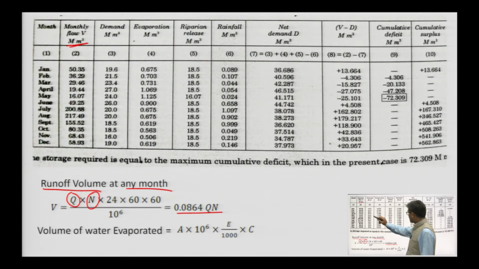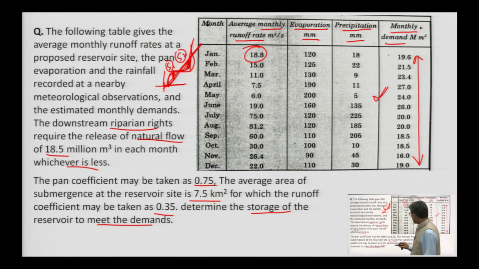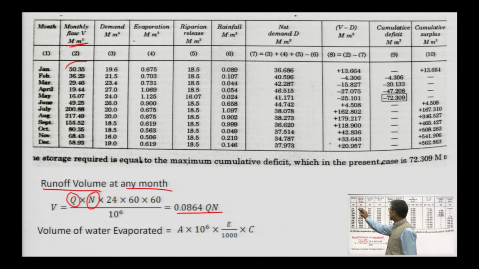In January, the number of days is 30, so it will be multiplied by 30 into Q. So we get that data.